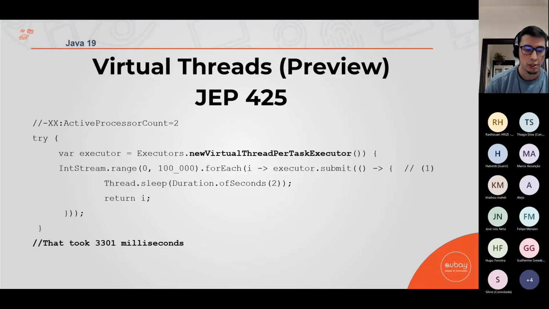It took something around 3 seconds. So yeah, it's much better, but be aware, in this case I have 100,000 threads, okay? This is maybe not the usual for everyone or everything. So yeah, be careful. If you want to create 100,000 threads or 1 million, probably virtual threads will fit very well.